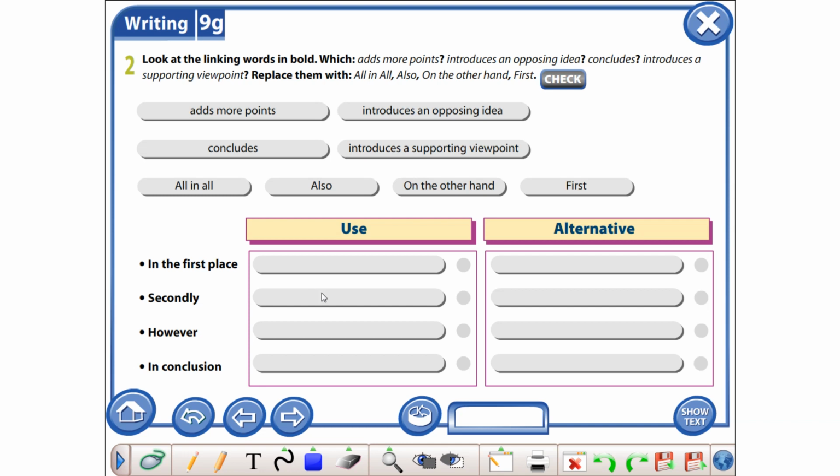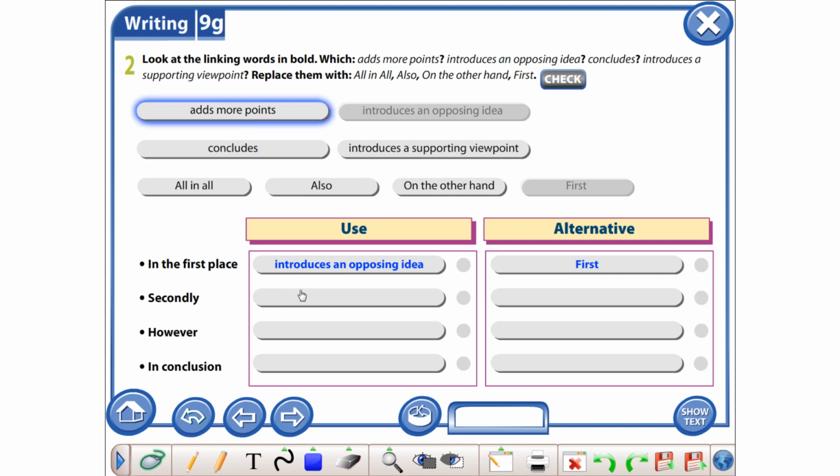Introduced supporting viewpoints. In the first place, and first. Okay, adds more points.